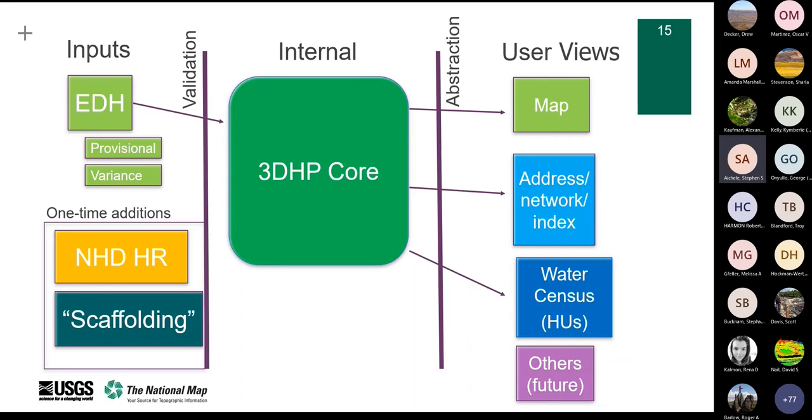We also have this scaffolding concept, which I probably could have removed. You can think of it as roughly hydrologic unit structures, but this is the concept that allows us to patch in pieces of new data as we go along, and understand how those fit into the network.